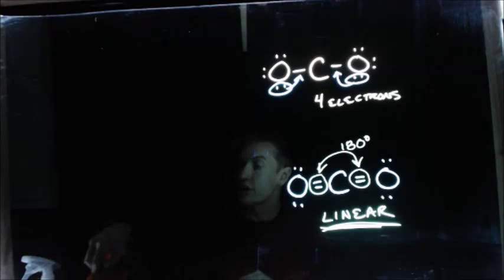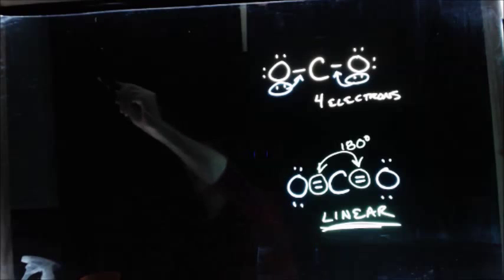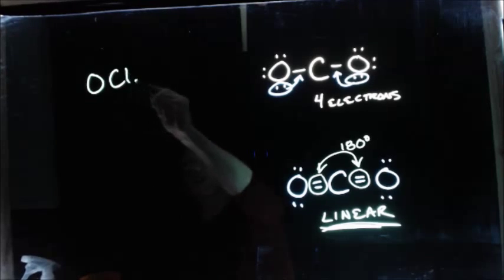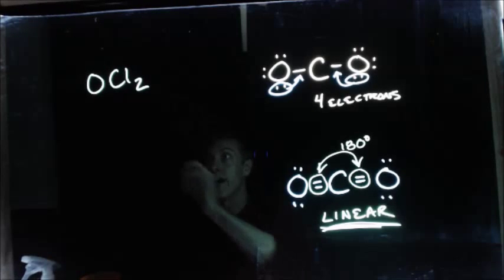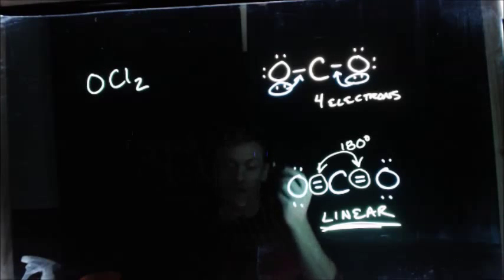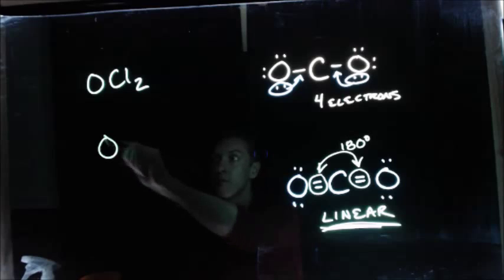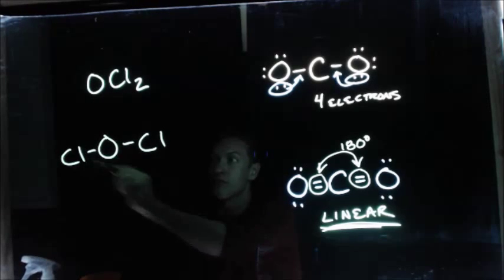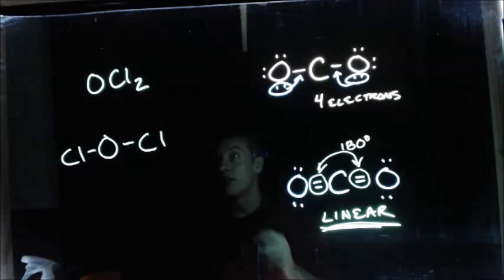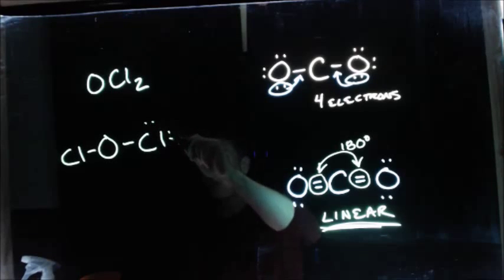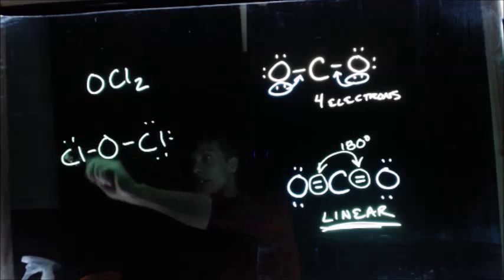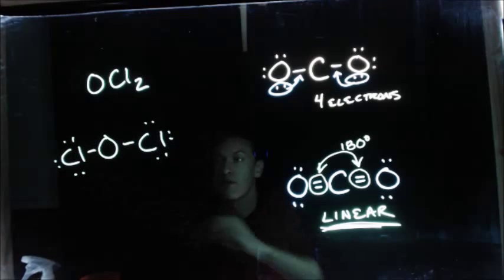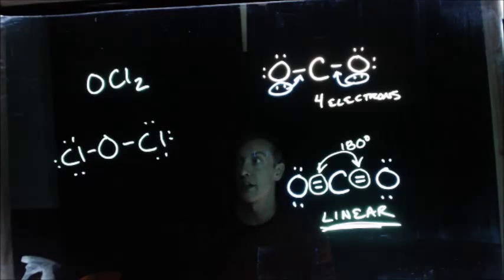People would draw things, though, like OCl2. And that would look something like this. Oxygen is going to be the central atom. It's going to be bonded to each of the chlorines. Then there are going to be 1, 2, 3, 4, 5, 6, 7, 8, 9, 10, 11, 12 electrons distributed like that.